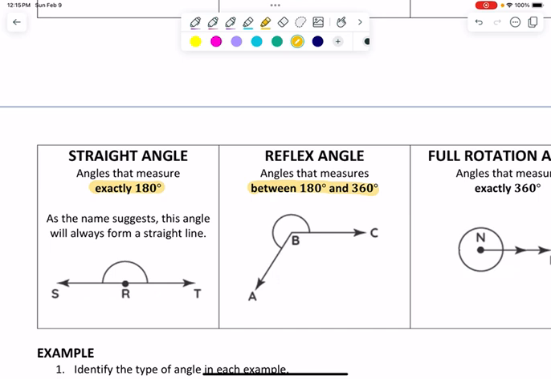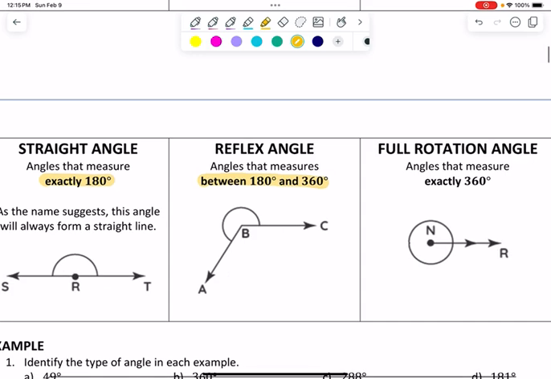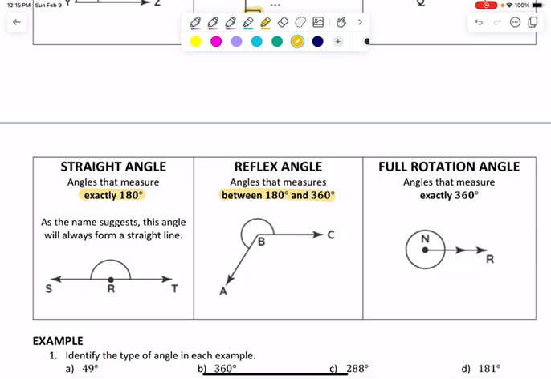Anywhere between and not including 180 or 360. A full rotation is that last angle, and that means from wherever I started, so I started here at point R, I'm going all the way around back to point R. So I'm going R to N to R. Now this full rotation measures exactly 360 degrees.